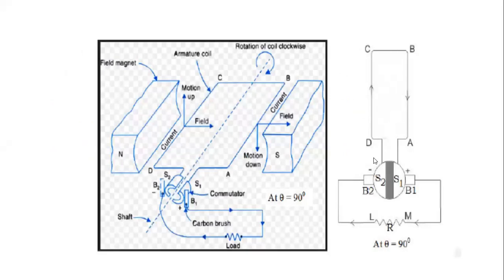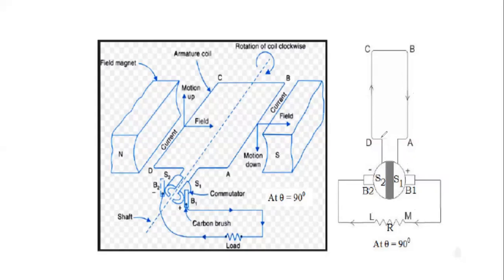Okay, this is the diagram, and this is the AB conductor, and this is the CD conductor, S1 segment and S2 segment. Okay, when we are observing the direction of the current, first of all B, A, next S1, that means B1, M, L and B2.